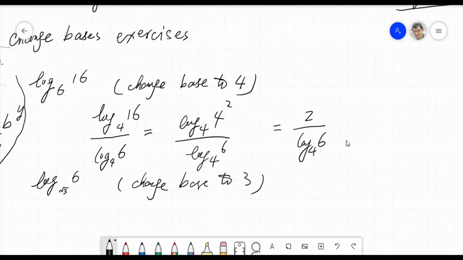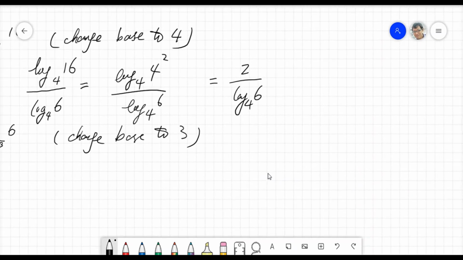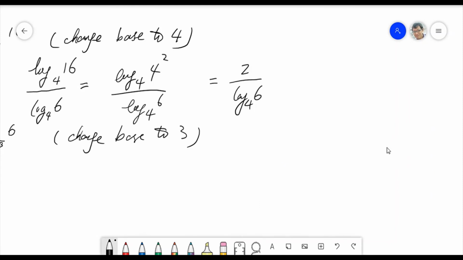Okay, let's see the second example. I give a little harder one: square root of 3, and ask you to change the base to 3. How do you do that? Anyway, for this one, that's just further study. I'm just thinking, log base 4 of 6 can be written as log base 2 squared of 6, so 6 over 2, right?